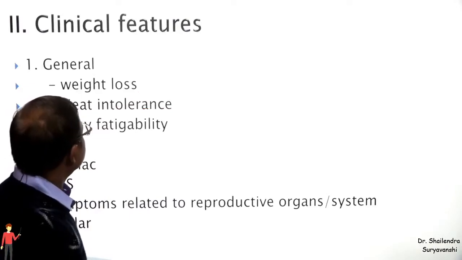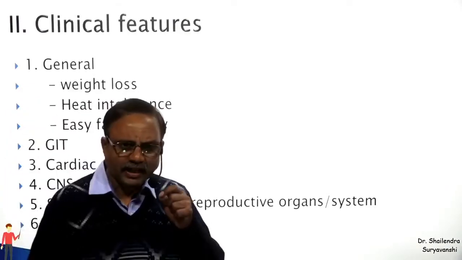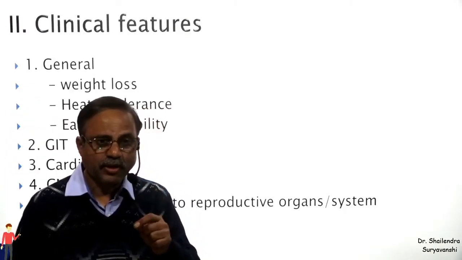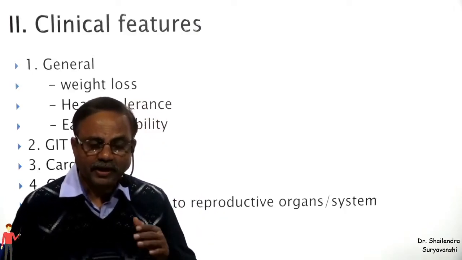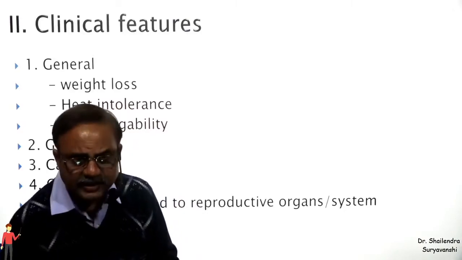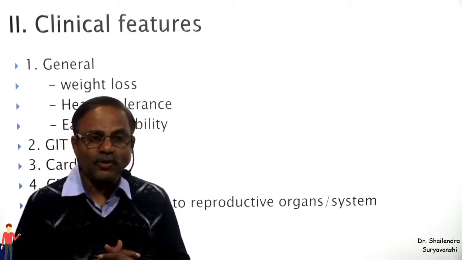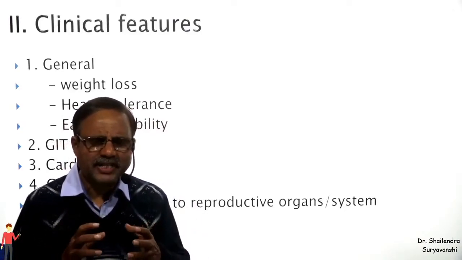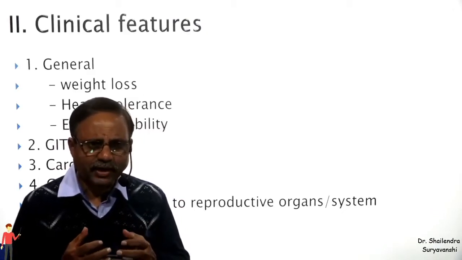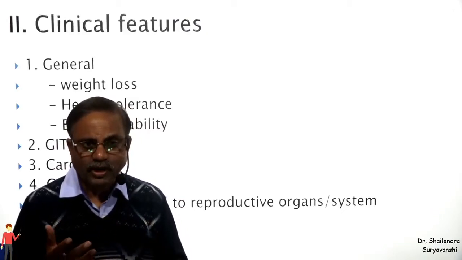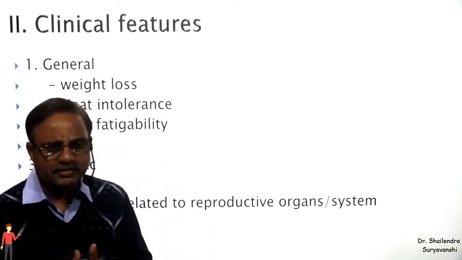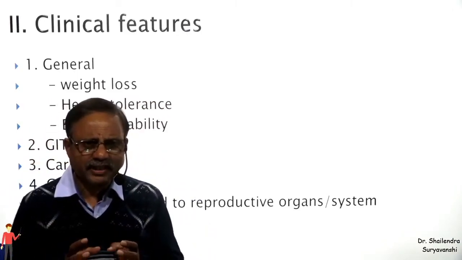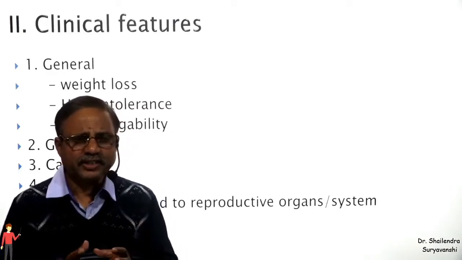As for clinical features, as I had already told you, thyroid hormone plays a very important role in metabolism, particularly in maintaining basal metabolism. Now in hyperthyroidism there is excessive secretion, so the basal metabolic rate will have increased. What will be the consequences? Every cell has become hyperactive and is generating more heat.